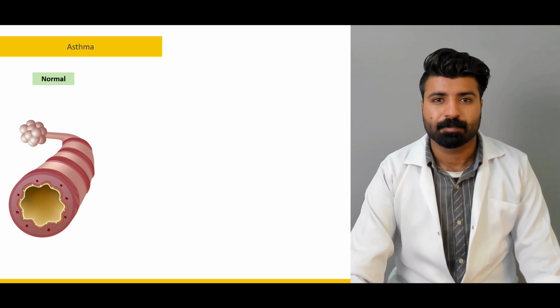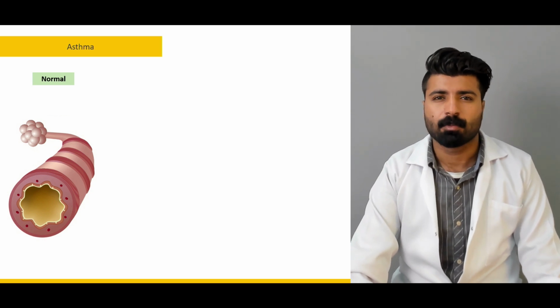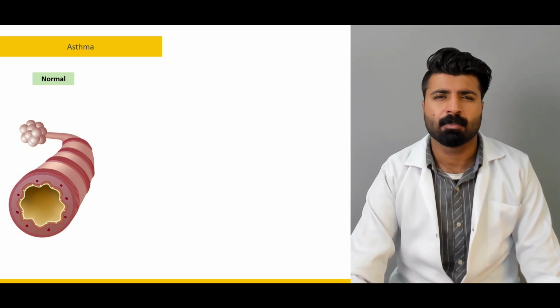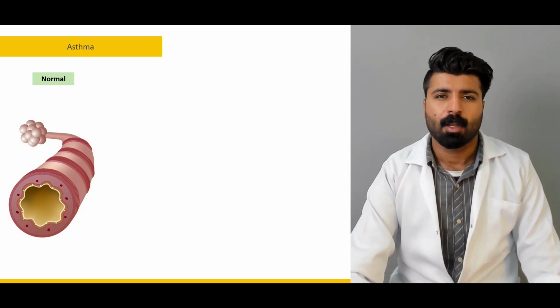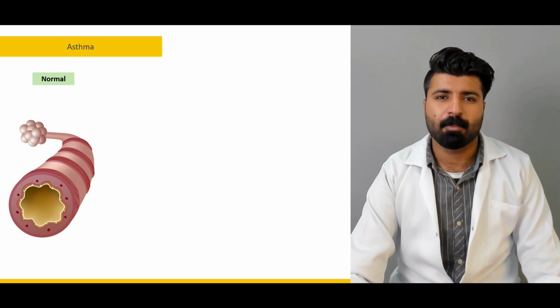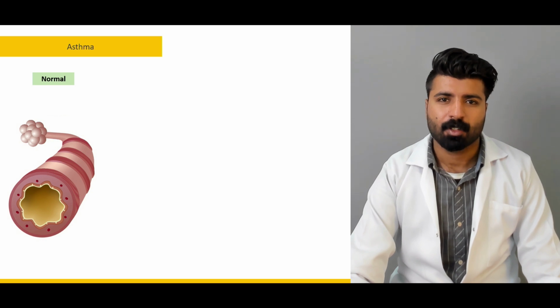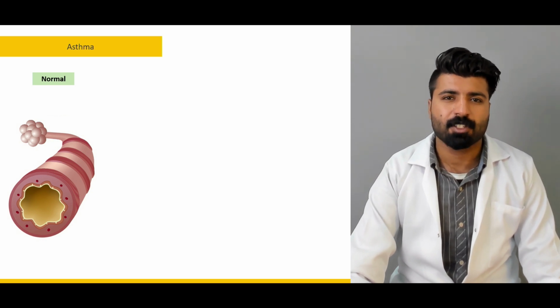Now asthma. What is asthma? Actually, asthma is inherited in most cases, but it's inflammation of the walls of the airway tract, which is reversible.